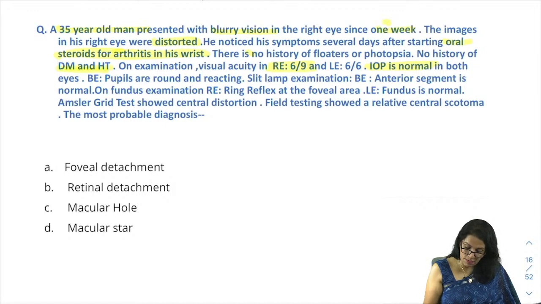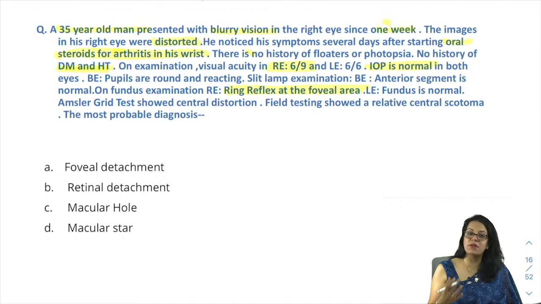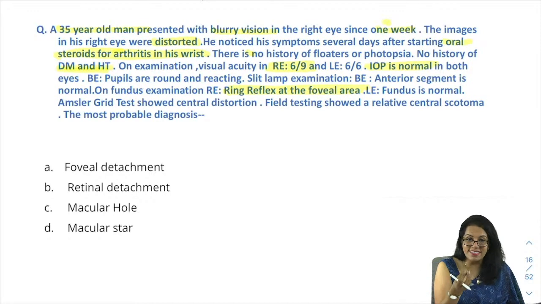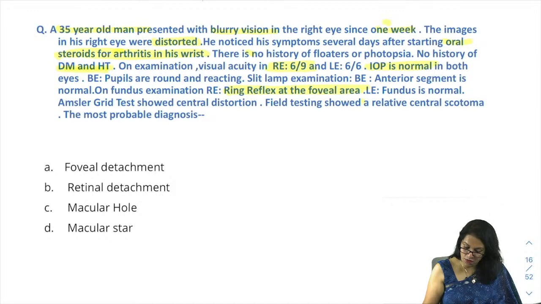On fundus examination comes the diagnostic point, ring reflex at the foveal area. Now tell me, why not foveal detachment? Yes, Deva, very good. What is foveal detachment? CSR is nothing but a shallow retinal detachment at the fovea, no? So you should be choosing this as the option. So ring reflex at the foveal area.